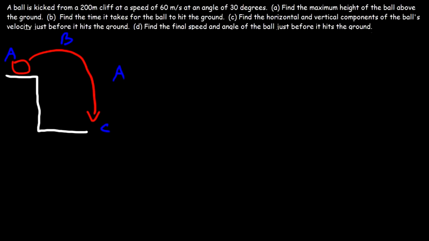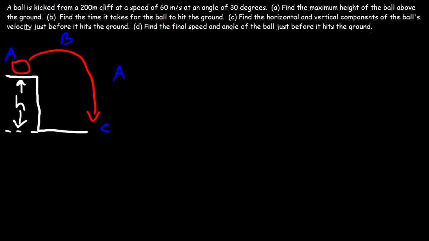Now, any object that is above ground level has the potential to fall, so it has potential energy. At position A, the ball has potential energy because it's above ground level. Any object that is at some height above the ground has potential energy.